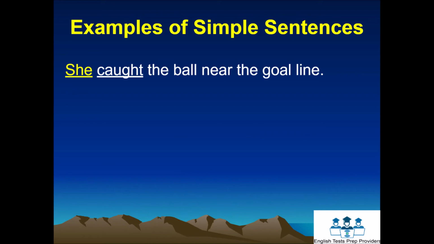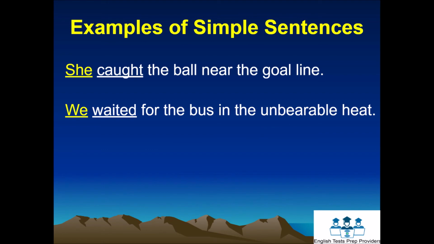So she caught the ball near the goal line is a simple sentence because it conveys one idea. Second sentence, we waited for the bus in the unbearable heat. The subject is we and the verb is waited. Waited for the bus in the unbearable heat is our complete predicate. Since it expresses a complete idea, this sentence is a simple sentence.